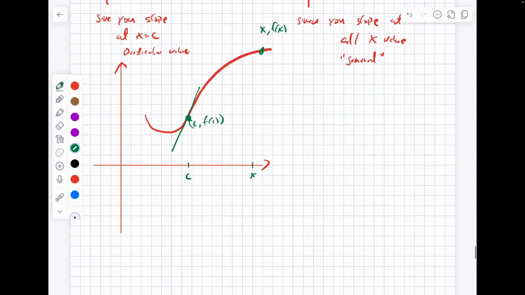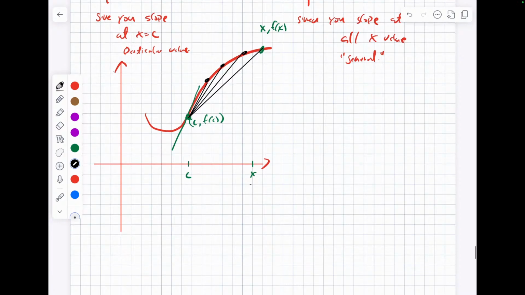Now I'm going to start creating the secant line and approaching x towards c. Eventually I find the tangent line, the green line. So if I shrink x going towards c, we start with the slope of the secant equal to y2 minus y1 like before, and we know that is f of x minus f of c over x minus c.